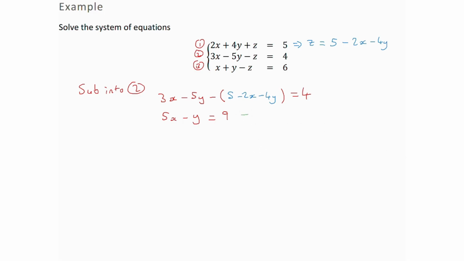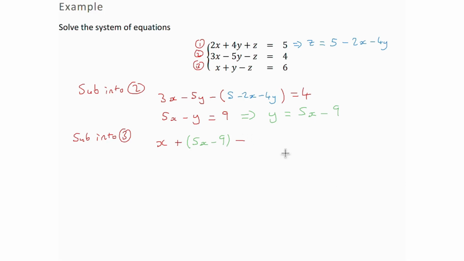Now we're going to do the same thing with this one. We're going to rewrite this one as y equals 5x minus 9. And now we're going to sub that one into 3. So we have x plus y, but instead of y, we're going to write 5x minus 9.